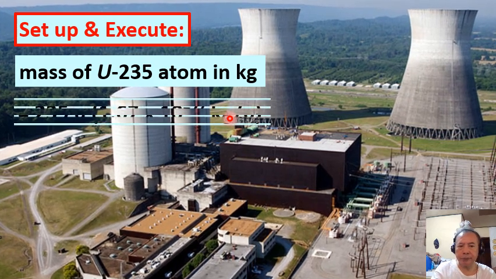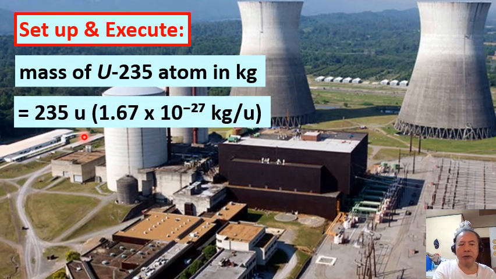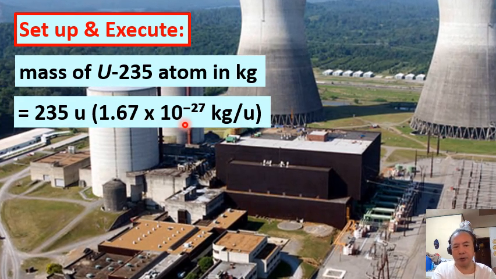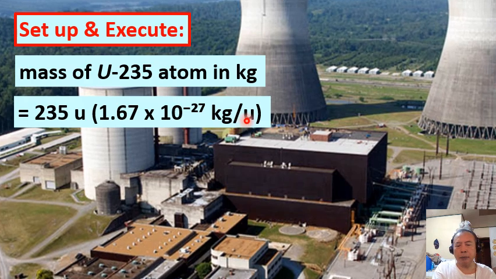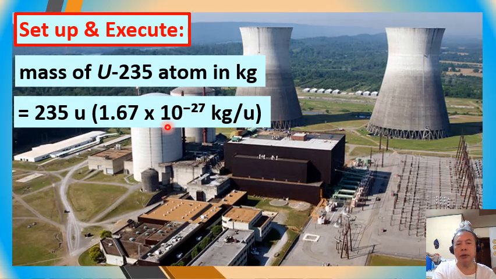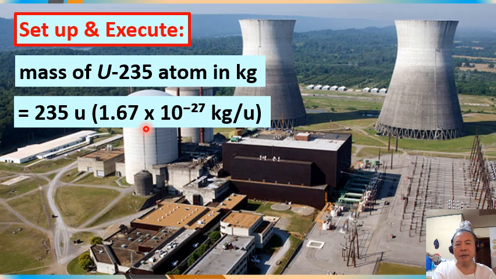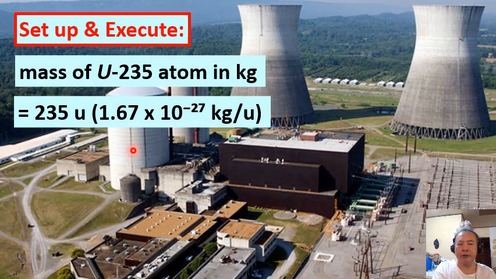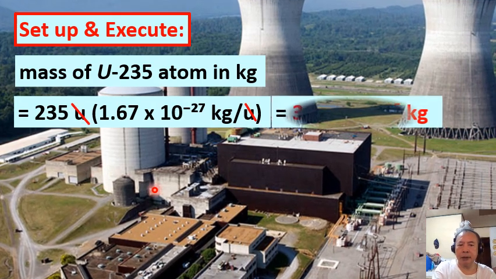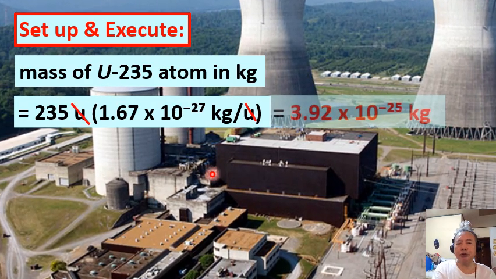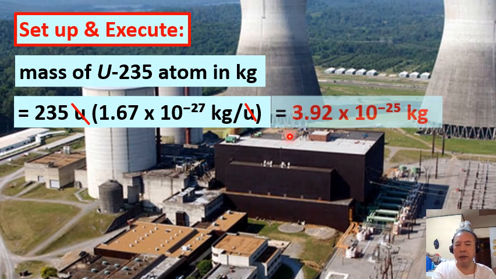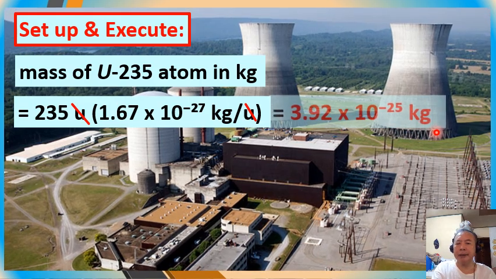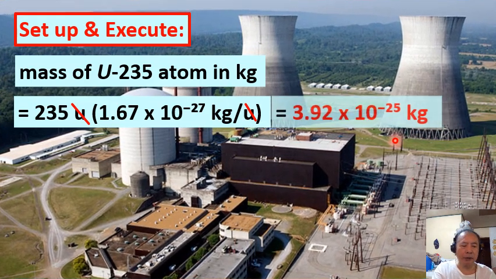That is, we just multiply 235 atomic mass unit by the conversion factor, where one atomic mass unit is equivalent to 1.67 times 10 to the negative 27 kilogram. So multiplying, we get the mass of the uranium-235 isotope in kilogram equal to 3.92 times 10 to the negative 25 kilogram, also in three significant figures.